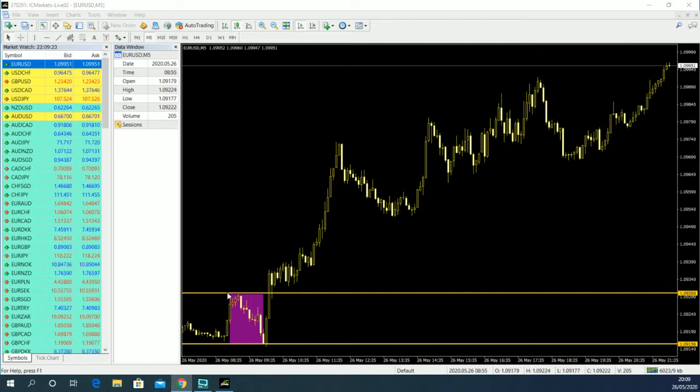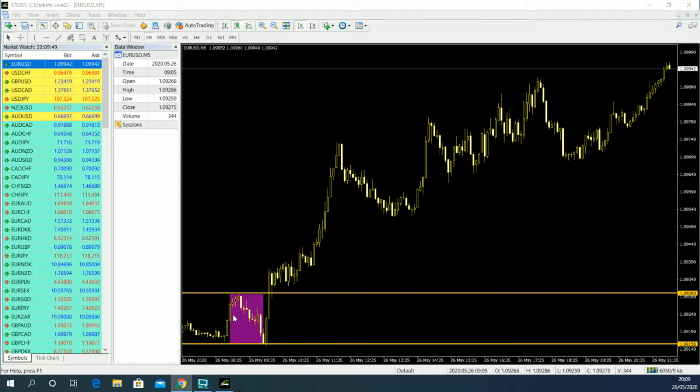In the morning, a chart will come up around 5 minutes past 8 a.m. because we let the box finish at 8 o'clock. So anything from 5 minutes past, you will see the example of a box and all the candles that it covers.